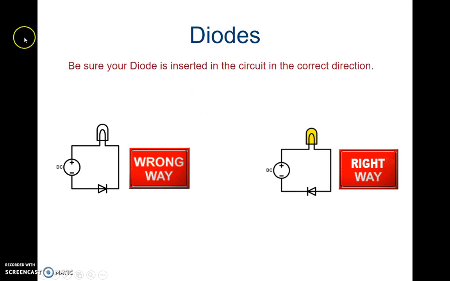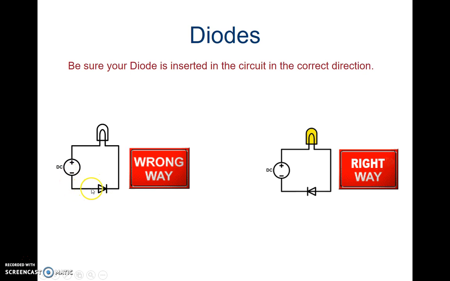So, one very, very important thing that frustrates people to no end in the lab is when they put the diode in and it's the wrong way and their light or their motor will not work. Okay? This has to do with the direction that the symbol on your diode is facing. Okay? So notice in this example, the arrow is pointed away from the minus.